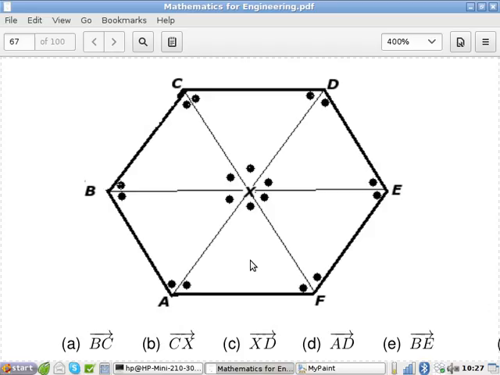AD now. 2AB plus 2AF, yeah. Now we're getting there. Two AF, yeah.